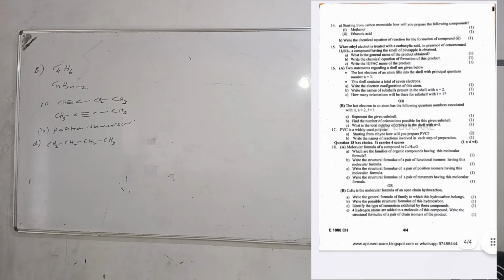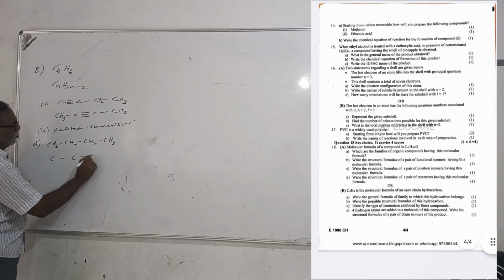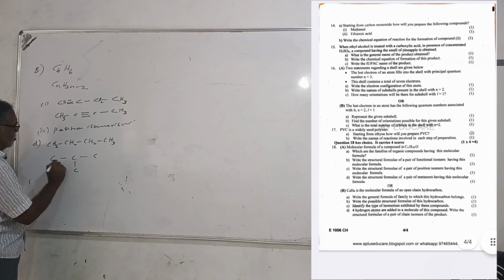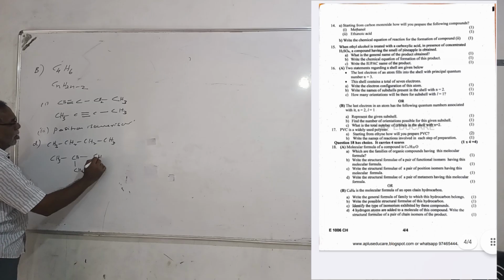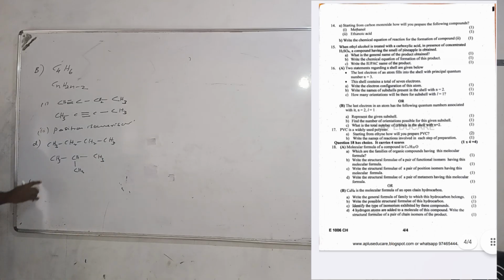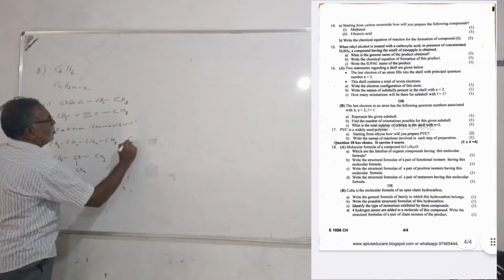Write the structural formula of a pair of chain isomers of this product. Chain isomers we can write: carbon 1, 2, 3, 4, C4H10.